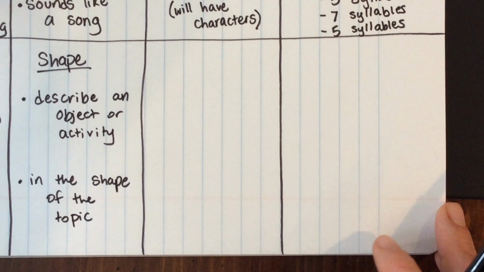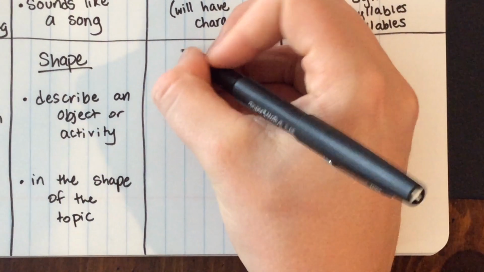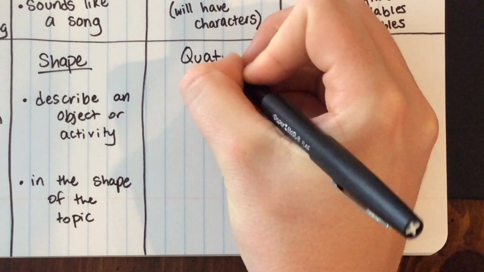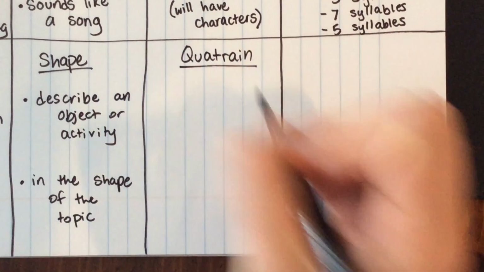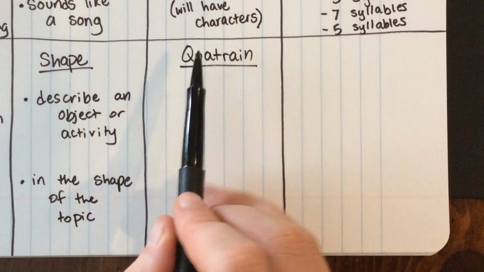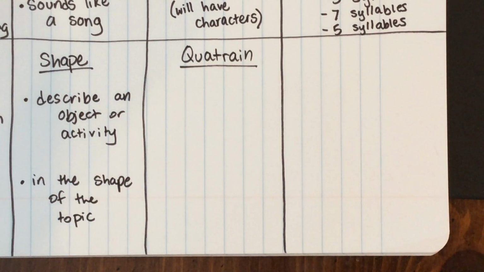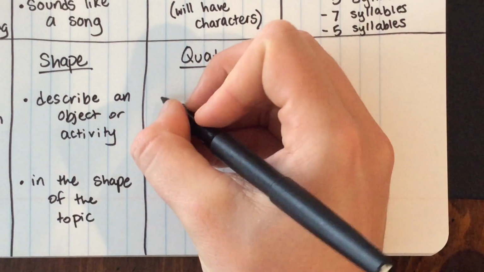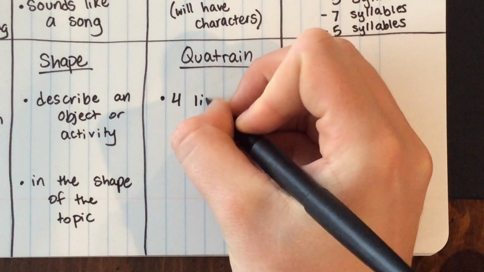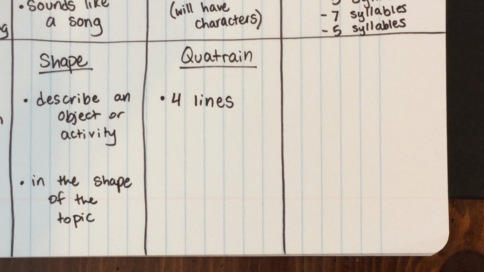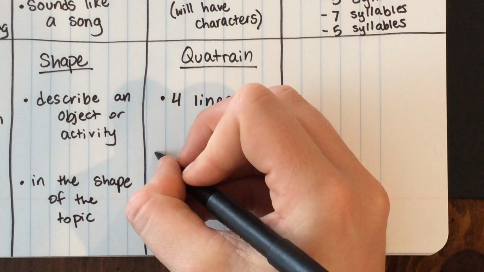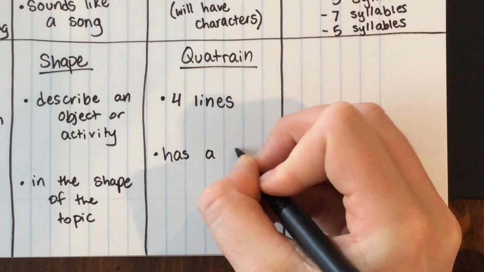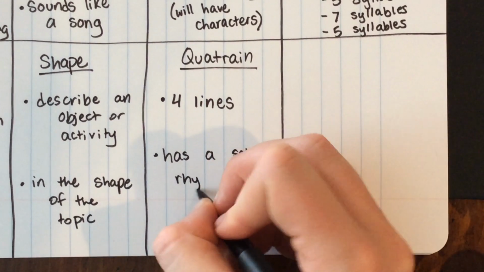All right, my next one is called a quatrain. Now, like quintuplets, they have the same root word. When you have quintuplets, that means there are 4 children born at the same time. So that means a quatrain, if it has the same root word, means it's a poem that has 4 lines, only 4 lines. If it has more than 4 lines, it's not a quatrain. And it has a set rhyme pattern.